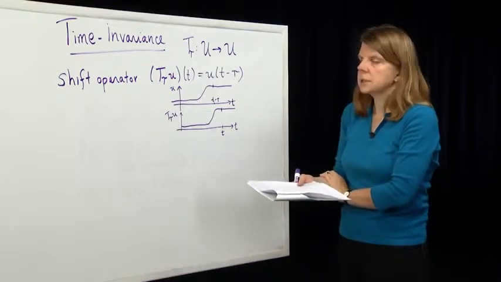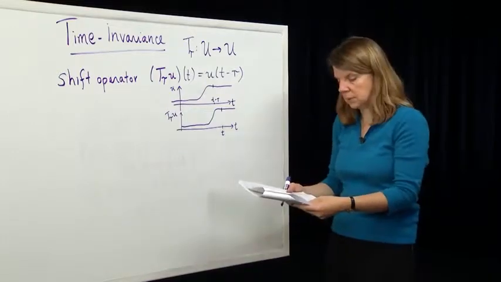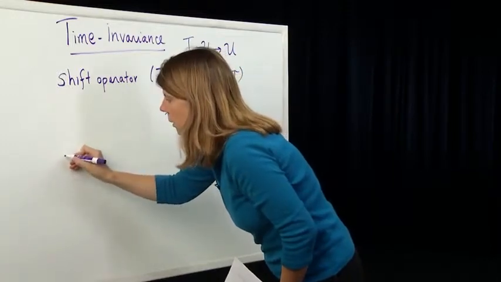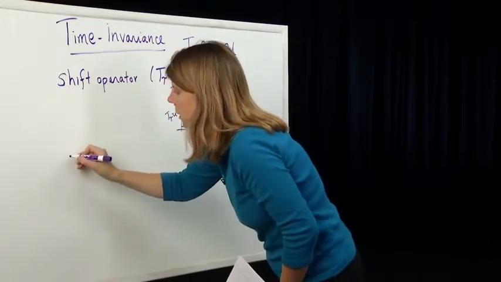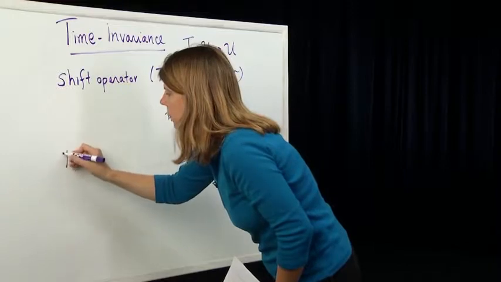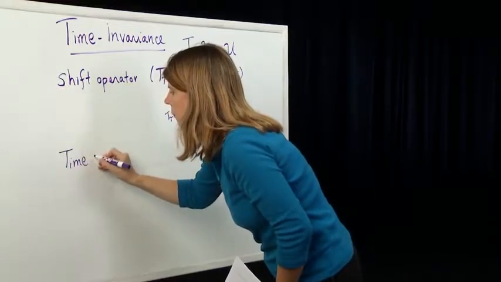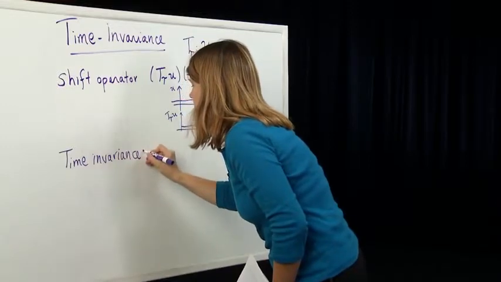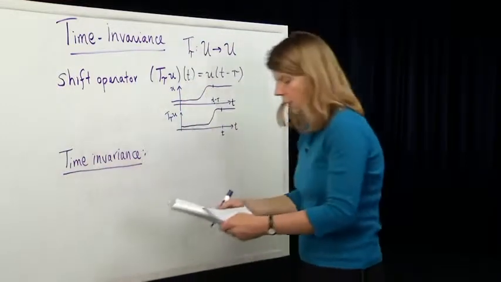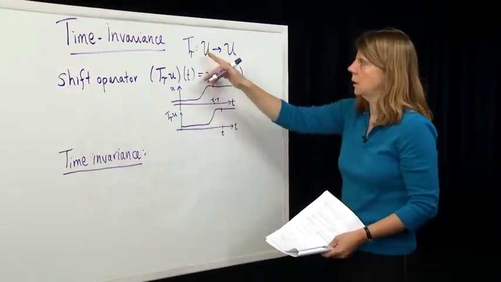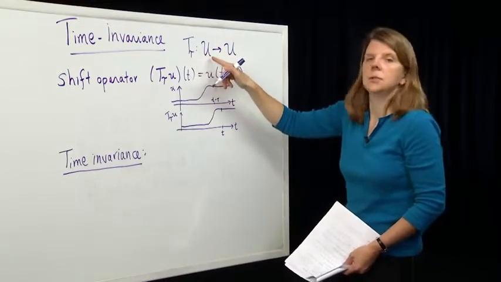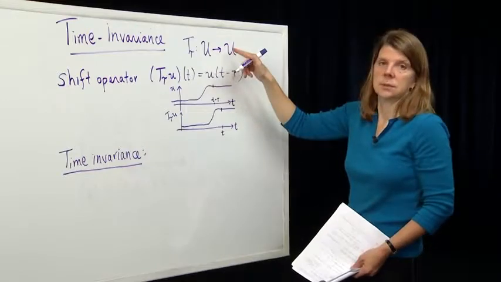So we define a dynamical system to be time invariant using the following definition. Time invariance means that, first of all, we have to make sure that the shift operator, when we apply it to an input signal, we still get an input signal back.